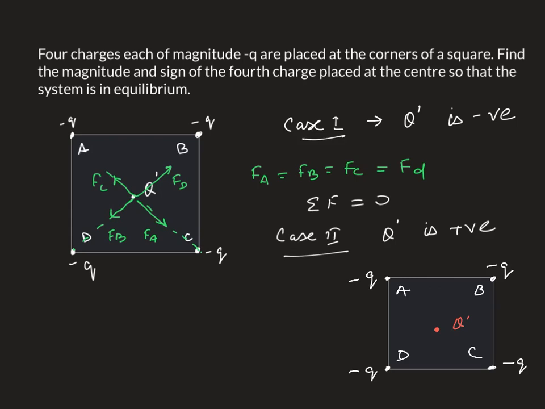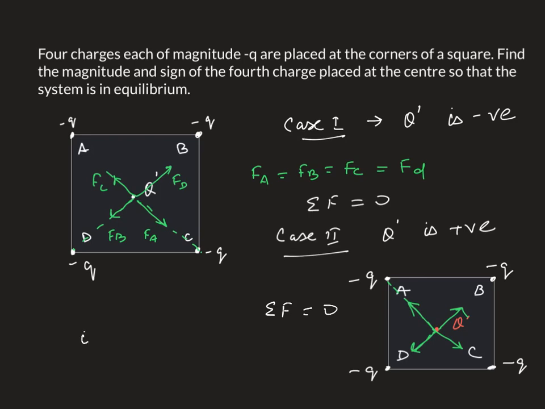Now if Q dash is positive, it is not difficult to understand that the forces will be attractive, but these attractive forces will again cancel out in pairs. The force from A will cancel out with C and B will cancel out with D. Hence net force is still equals to 0.